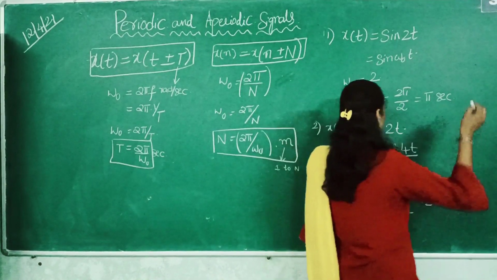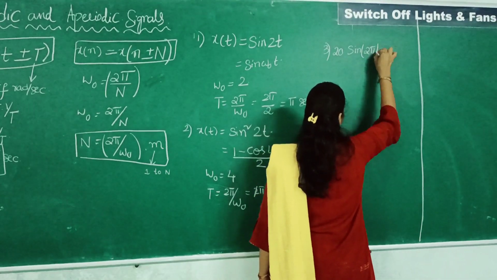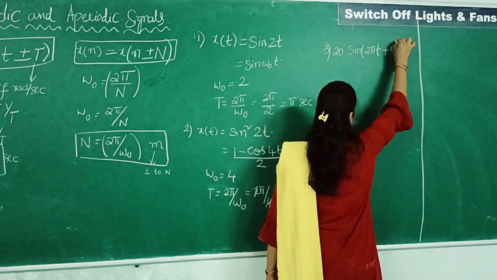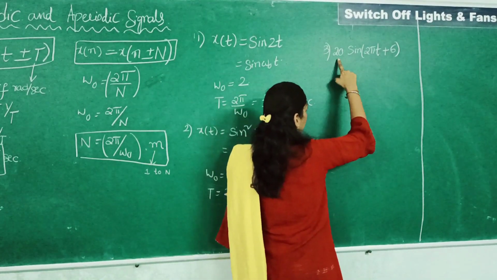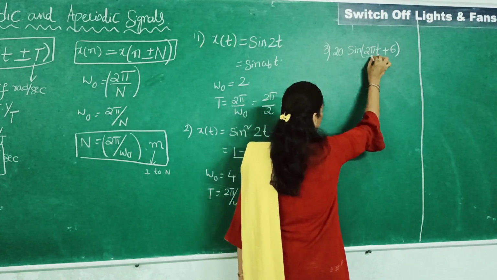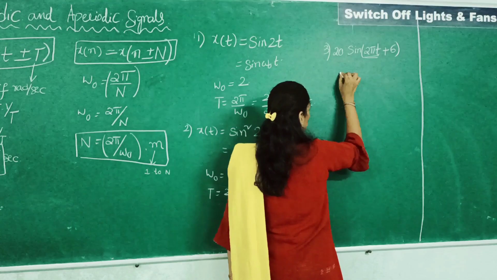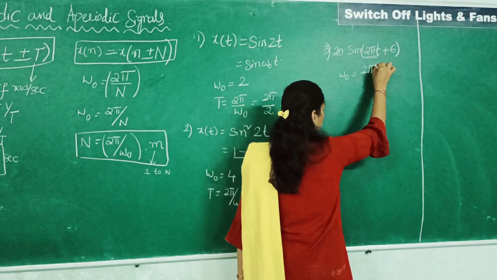For example, if I have the signal 20 sin of 2 pi t plus 6. So this one is omega naught t. What is omega naught from this equation? 2 pi.